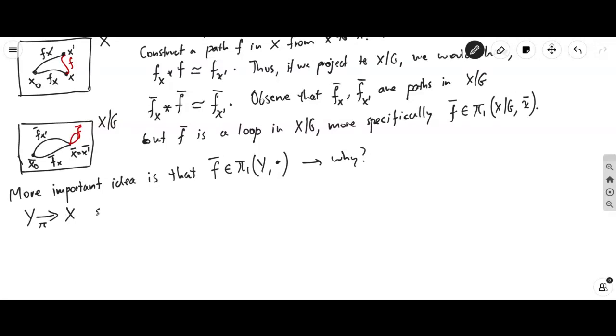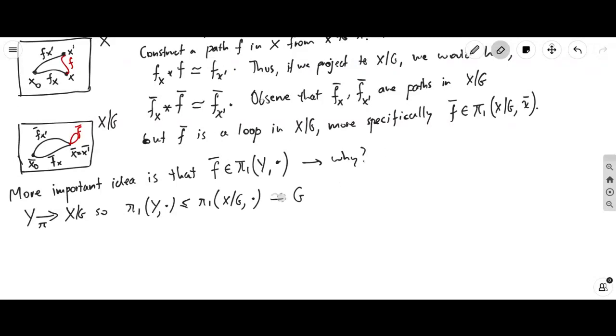You have a covering. So the fundamental group of Y, again, at some point, does not really matter, is a subgroup of the fundamental group, and I'm sorry, this is not X, this is X mod G, at some point. And we said that the fundamental group is isomorphic to G.